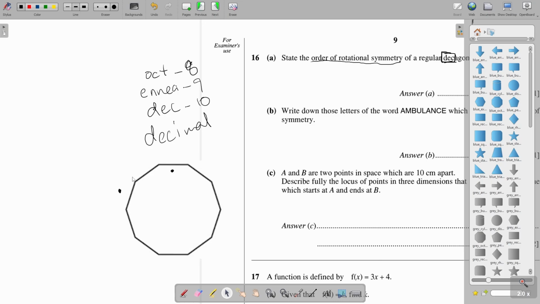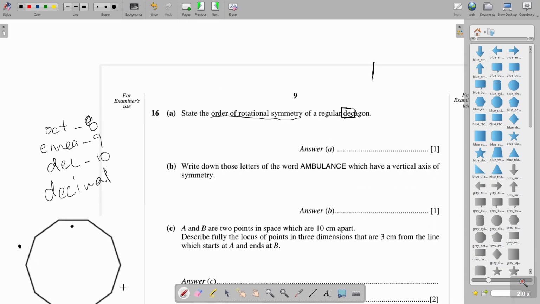And now both the dots are in their same spot. So we can rotate it 10 times, and it still keeps its shape, rotating around a circle basically 10 times. The angles don't really matter here because it's just the order. If they just asked the rotational symmetry, we would be figuring out the angle it needs to be rotated at to keep its same shape. So anyways, for a decagon, that will be 10.